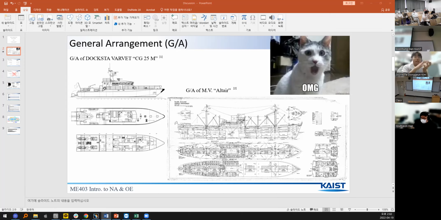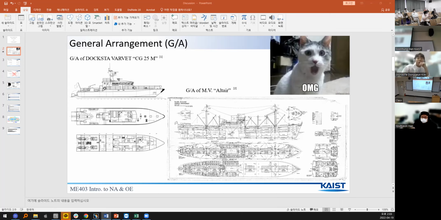So in these drawings, there are conventional symbols and lines so that the person who draws and the viewer can understand each other. If you do not know these symbols or lines in advance, you will not understand most of the drawings, including the general arrangement.